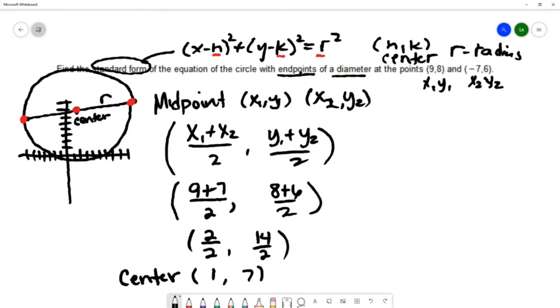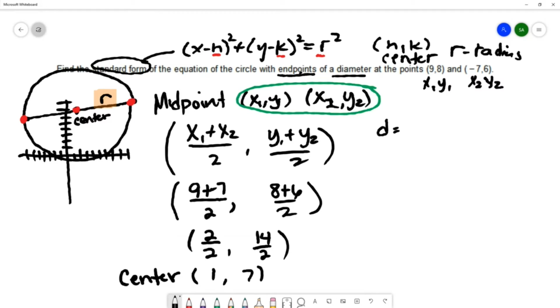So we have the center, and then we need to find the radius. Now the radius is the distance between the center and any point on the circle. And those diameter endpoints are on the circle. So we can use either one of them to find the radius. And we're going to use the distance formula to do that. So with the distance formula, once again, we're going to start with two ordered pairs, and we're going to calculate the distance.